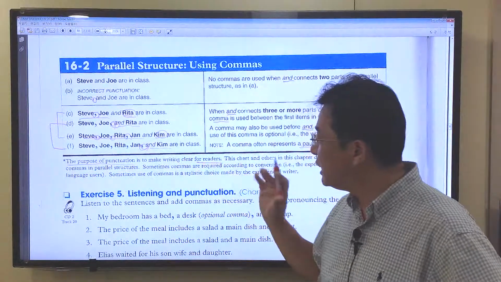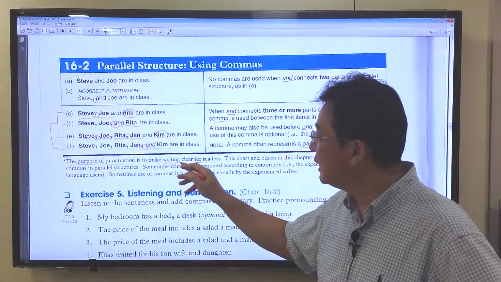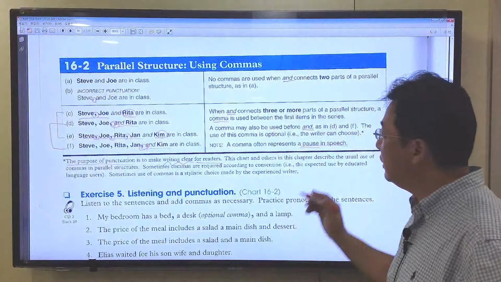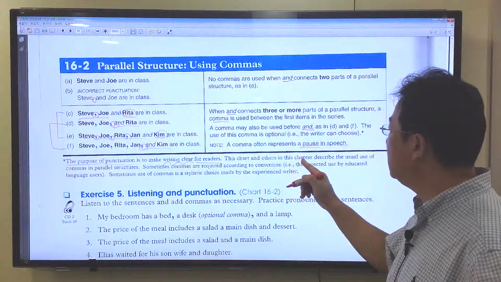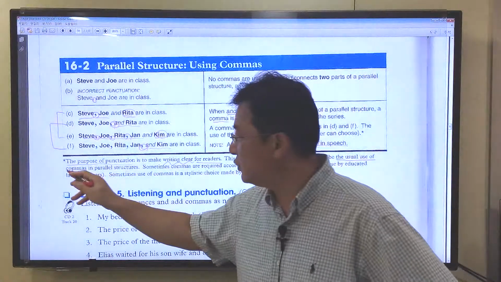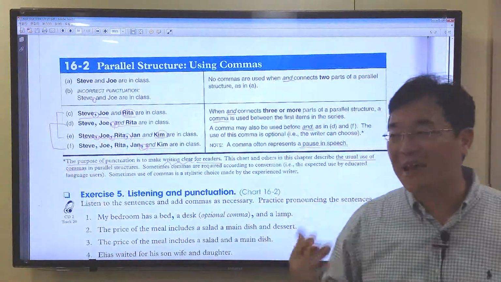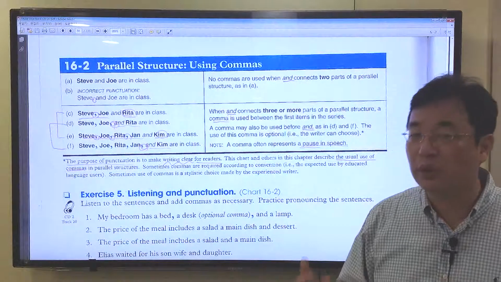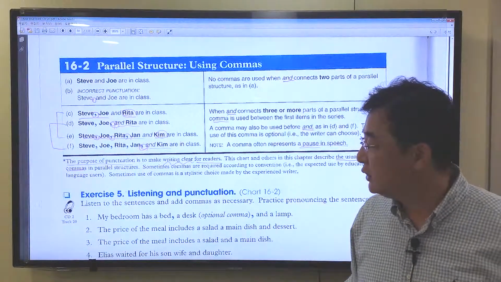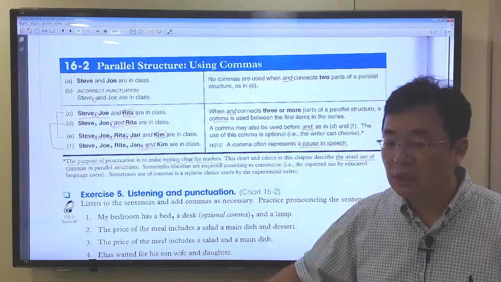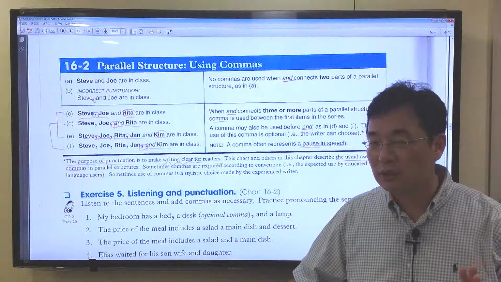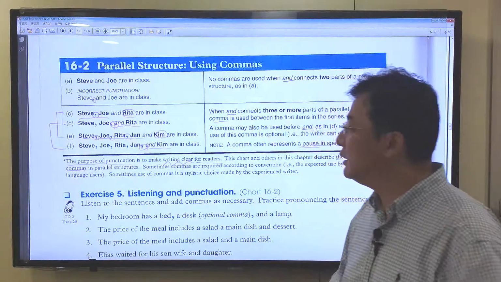This chart and others in this chapter describe the usual use of commas in parallel structure. It's not an absolute rule, but it's the usual convention, the usual rules for parallel structures. These comma rules are basic rules in English. It's not absolute, so it may not always have to be that way.